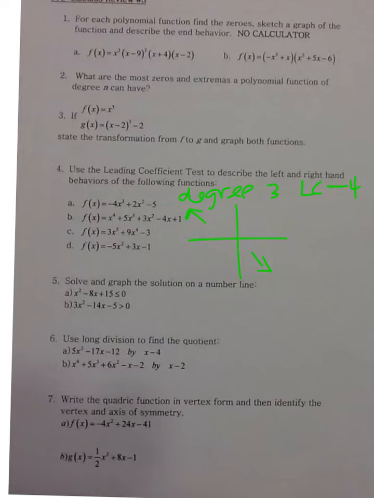So now I want my end behavior. As x goes to negative infinity, f of x goes to infinity. And as x goes to infinity, f of x goes to negative infinity. Okay, so let's take a look at b.